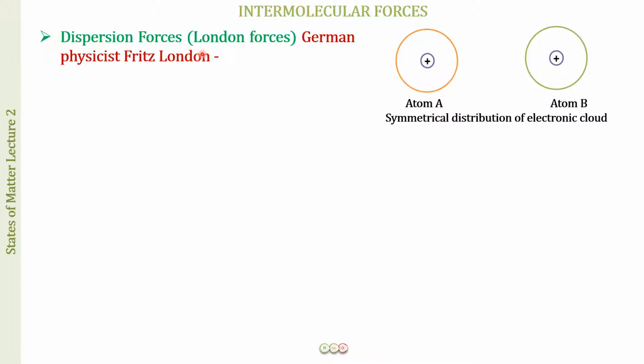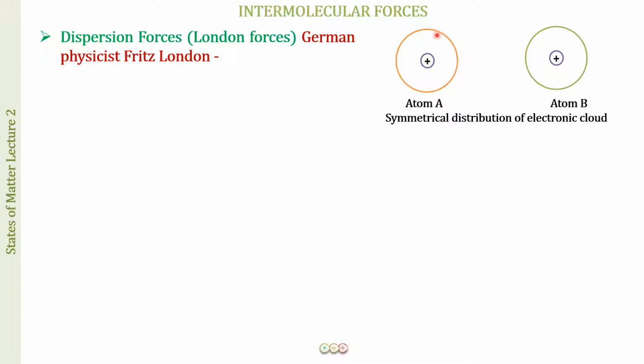Okay, and this can also be seen among the non-polar molecules. Why in the non-polar molecules? Because in the non-polar molecules, for example, the H2 molecule, the O2 molecule, there also there will be a symmetrical distribution of the electron cloud. Had these been polar molecules like the HF molecule, there is an electronegativity difference between a hydrogen and fluorine atom. So there is a tendency of the electrons to move closer towards the fluorine atom when the HF molecule is formed. There we see a charge separation, we see a dipole being created, and such molecules we call polar molecules.